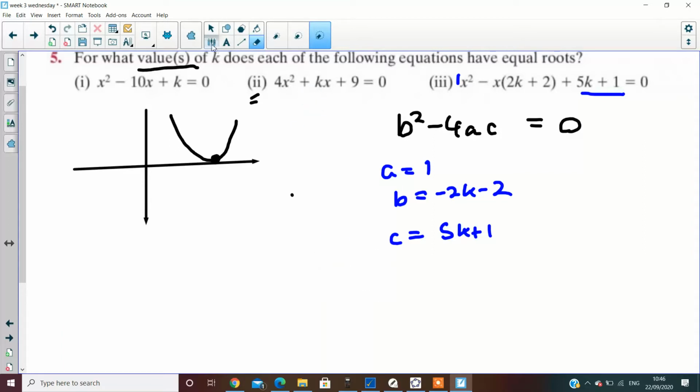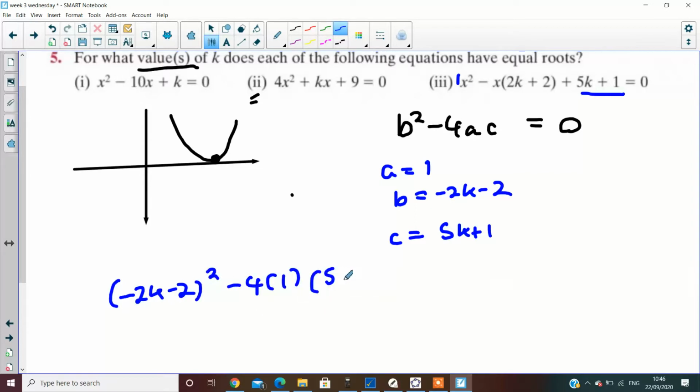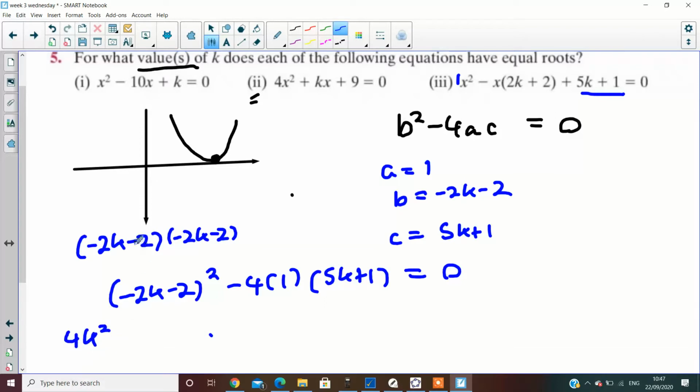Equals 0. So minus 2k minus 2 squared minus 4 times 1 times 5k plus 1 equals 0. Square that out, you're going to get minus 2k minus 2 times minus 2k minus 2. I'm going to do this really fast. 4k squared.